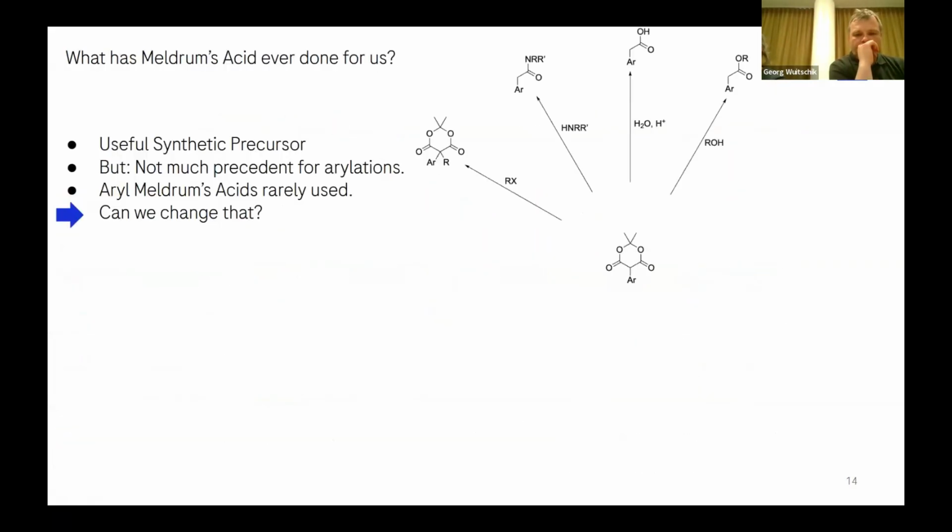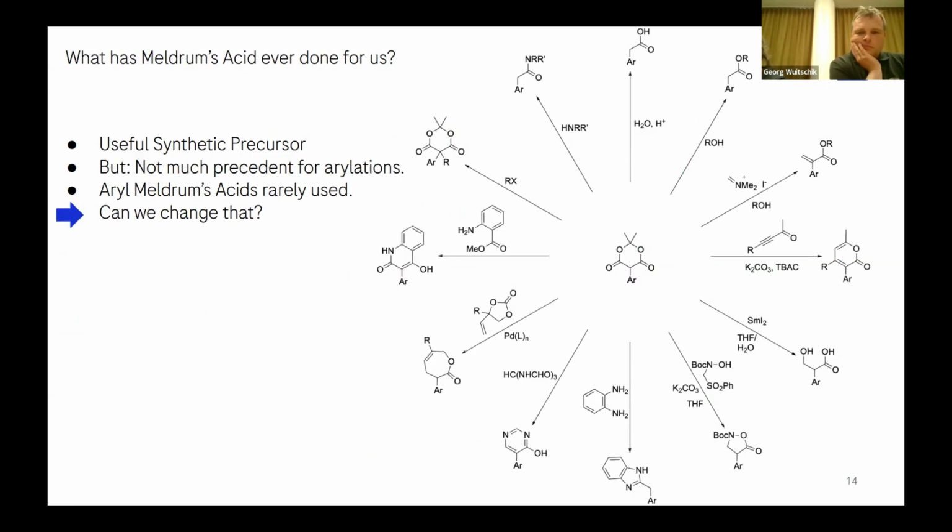So Meldrum's acid, on a side note, why is that so interesting? You see here the most obvious things you can do. You can further alkylate, you can make the corresponding amides or esters and carboxylic acids, but you can also think of many more reactions you can build up, right?